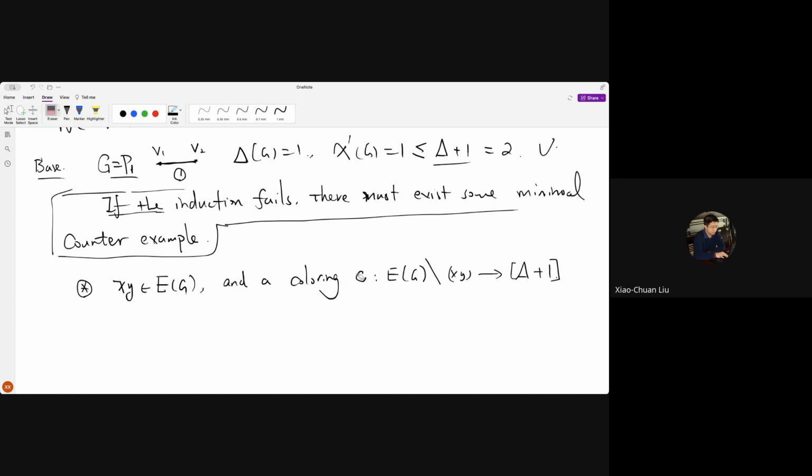So let me write in words: a proper coloring C of G minus xy using delta plus 1 colors. Proper coloring is exactly the coloring we allow.